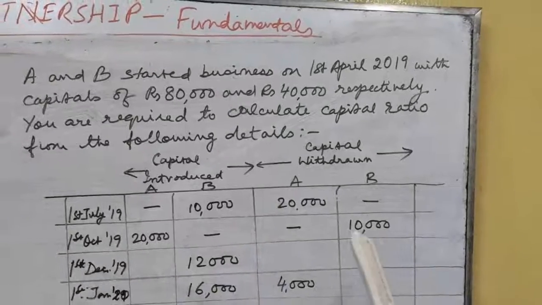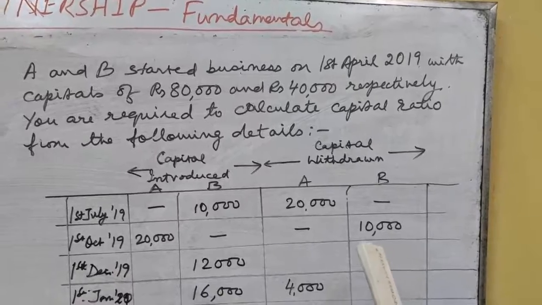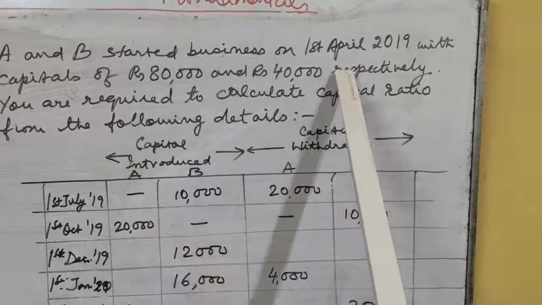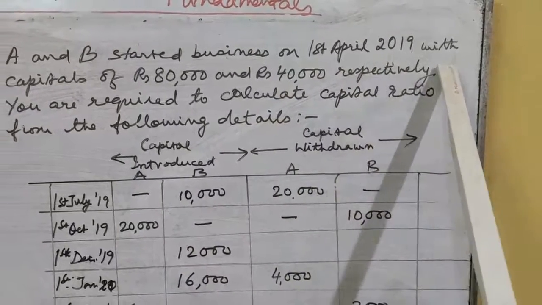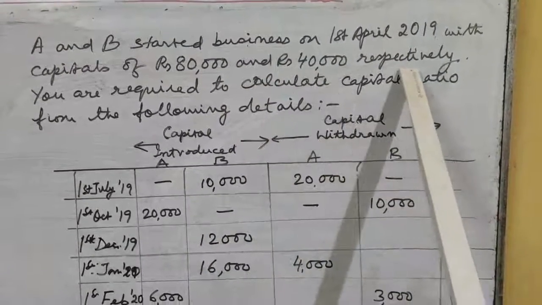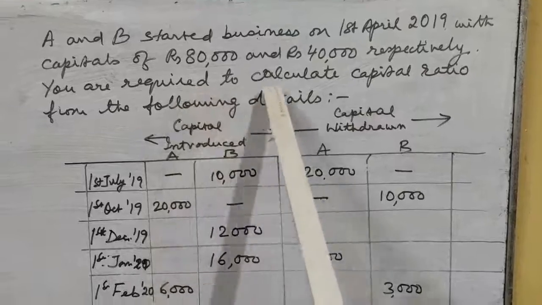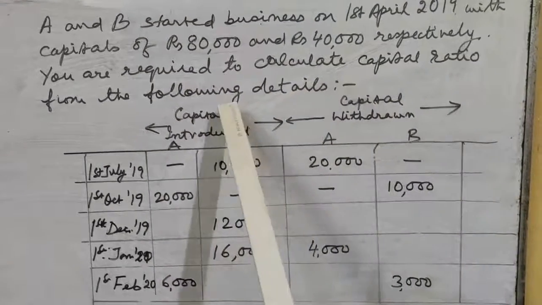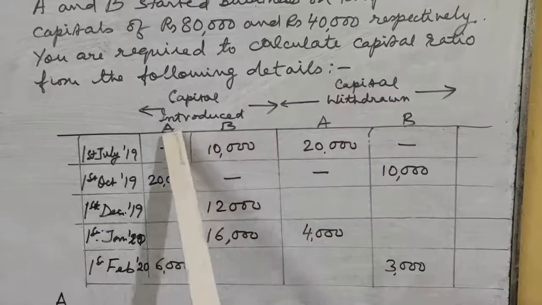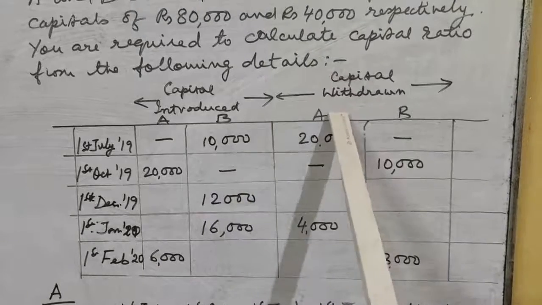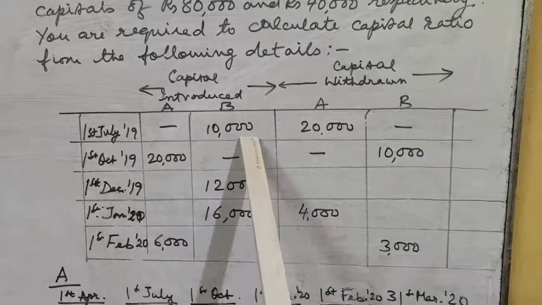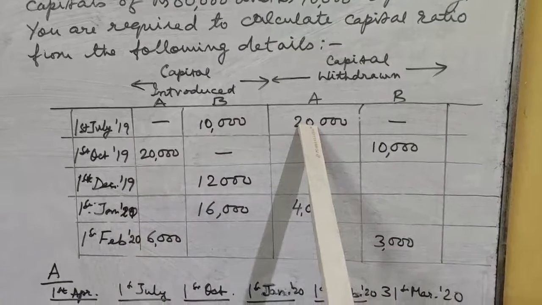Now let us look at another question pertaining to calculation of capital ratio. A and B started business on 1st April 2019 with capitals of rupees 80,000 and 40,000 respectively. You are required to calculate capital ratio from the following details. Here details are given: capital introduced and capital withdrawn. On 1st July, B introduced 10,000 and A withdrew 20,000.